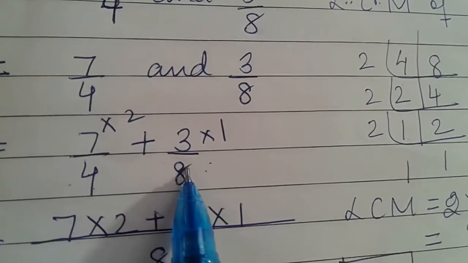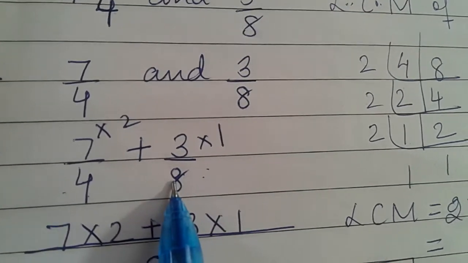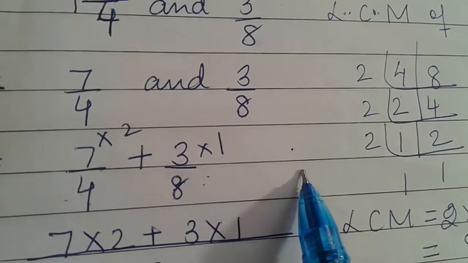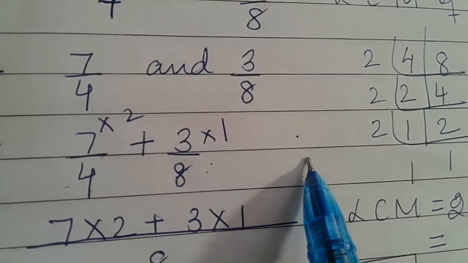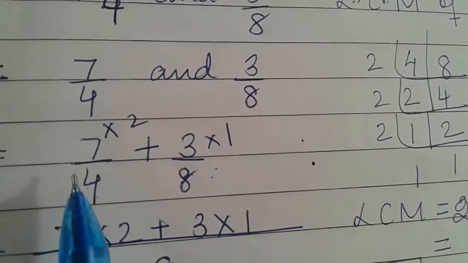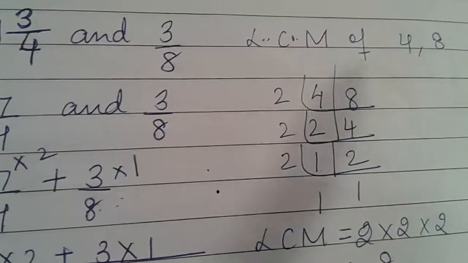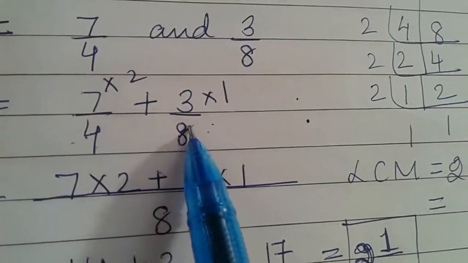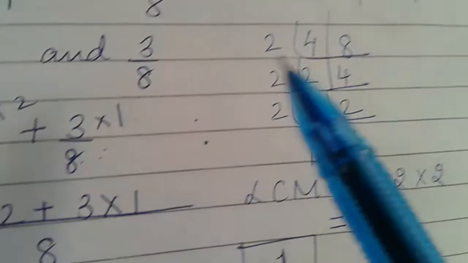Here only 2 fractions are there, so 2 denominators. If 3 fractions are there, then you have to consider 3 denominators. So I have taken here 4 and 8. What we have to do is take the denominators and find out their LCM.